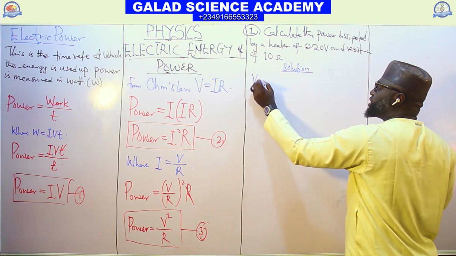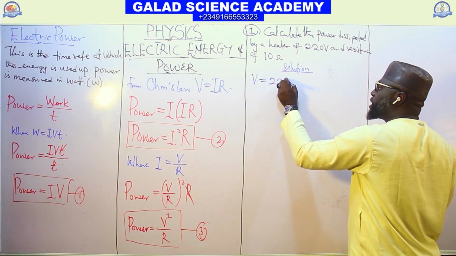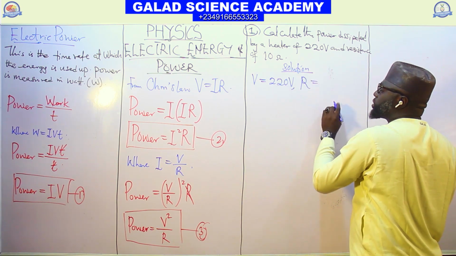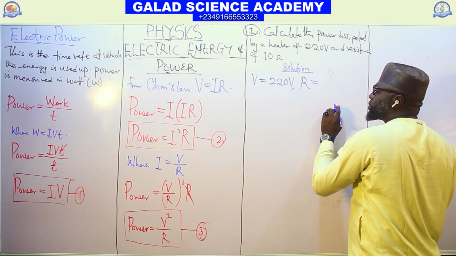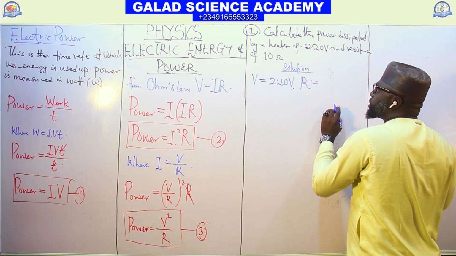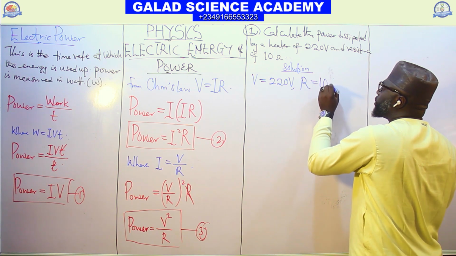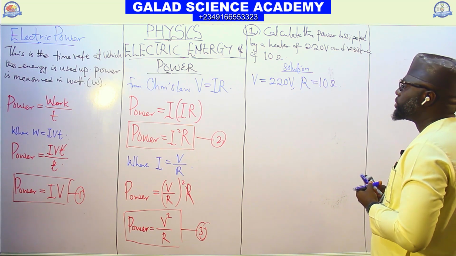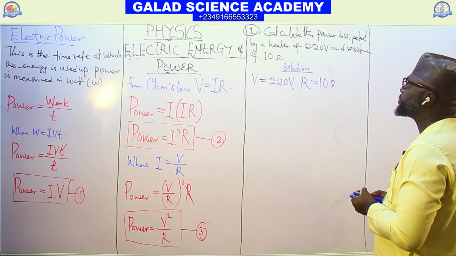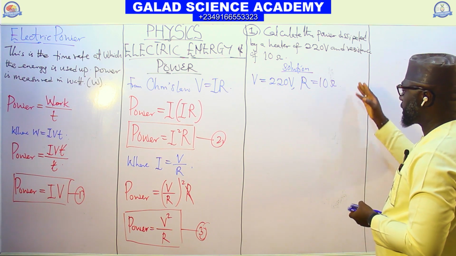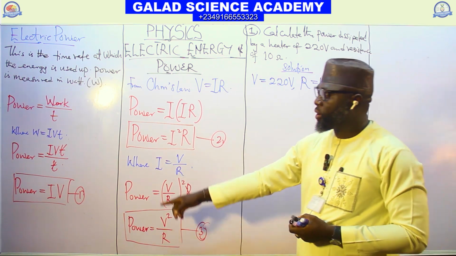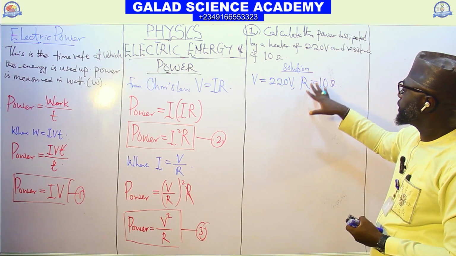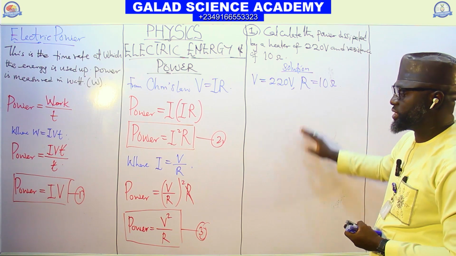We are given a potential difference of 220 volts and a resistor of 10 ohms.